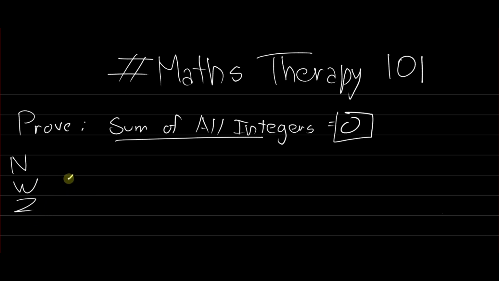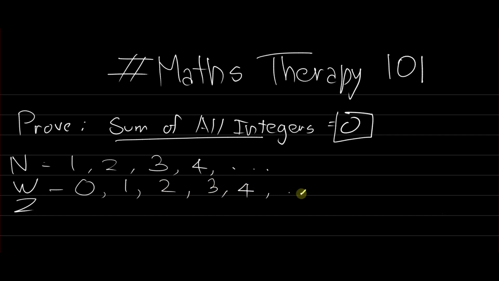Now, natural numbers are 1, 2, 3, 4, and so on till infinity. Whole numbers are like natural numbers, but we include a 0: 0, 1, 2, 3, 4, and so on. You may see that natural numbers and whole numbers both extend in one direction till infinity.